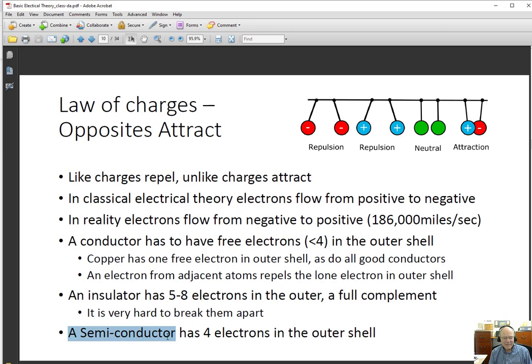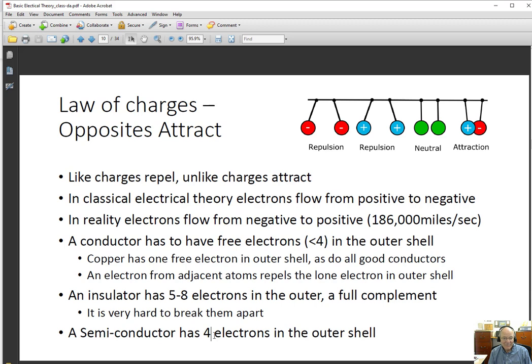Then there's this really special category, just a few elements called semiconductors, that have 4 electrons. In other words, they're not conductors because it's not less than 4, and they're not insulators because it's not more than 4. So they are semiconductors. By doing a little magic in a lab, people can set these up so they're either P, N, or PN charged.